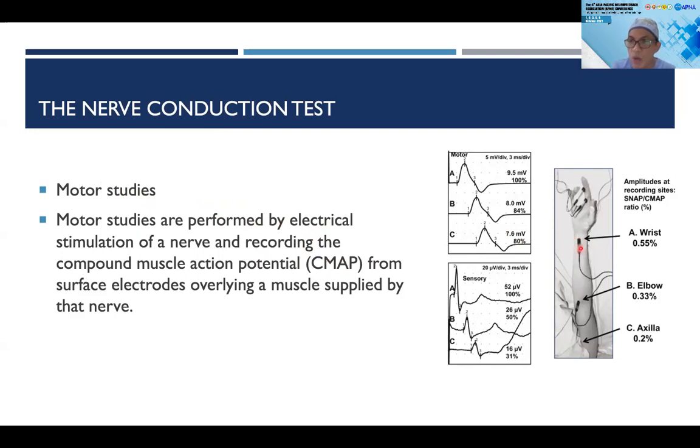Then we can calculate the latency, the compound muscle action potential, and the nerve conduction velocity. If anything happens along the median nerve, we can find where the pathology is and its pathophysiology, and we can also describe the prognosis.